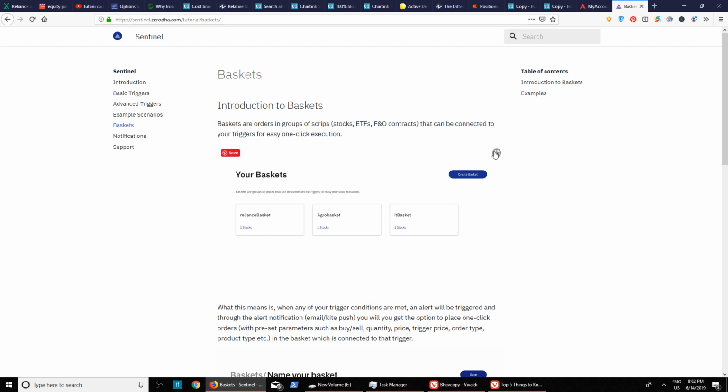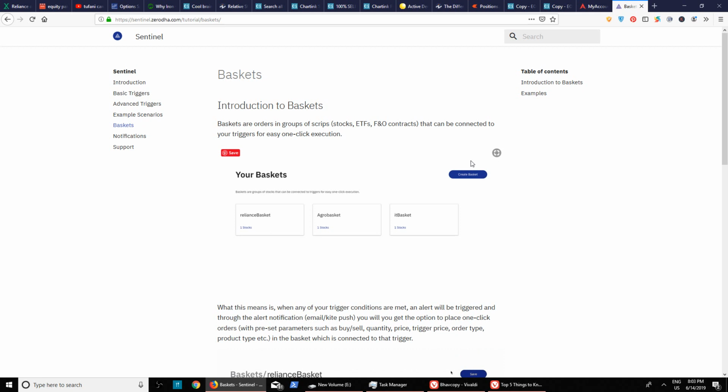If my stop loss has hit, then I need to manually remove the target order. So it's continuous monitoring of the system, especially in intraday.